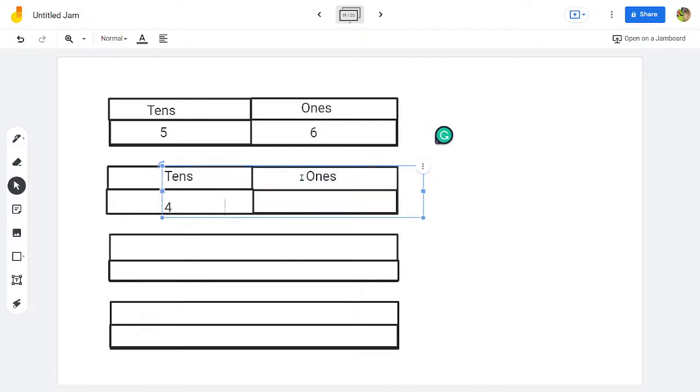Again, let's say it has 45. This is another two-digit number. Now let's go through both of the numbers together.